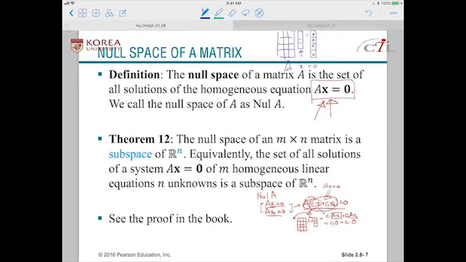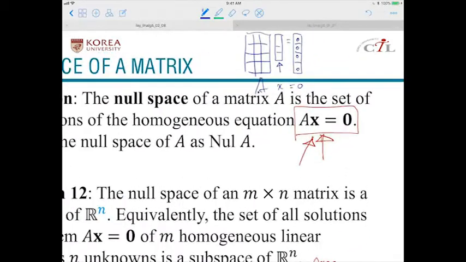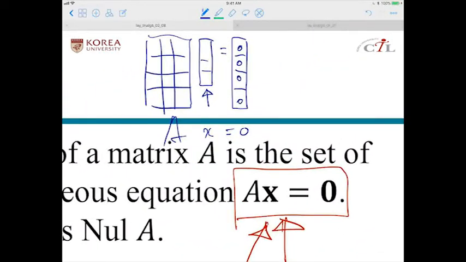But here, let me point out that this subspace, called the null space of matrix A, is part of R3, right? So in the case of column space, it is part of R4, but null space is part of R3. Okay.